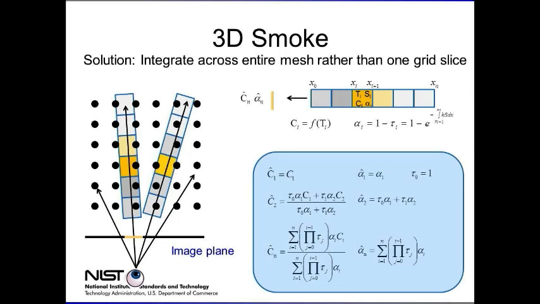The equations in the blue box I'm not going to talk about, but these are the equations that the GPU is using to combine or collapse all the colors in each one of these boxes. So you see 6 boxes in each of these 2 line integrals, and each box has a color and a transparency. What we're doing is collapsing that box onto the screen and drawing one slice instead of, in this case, 6.